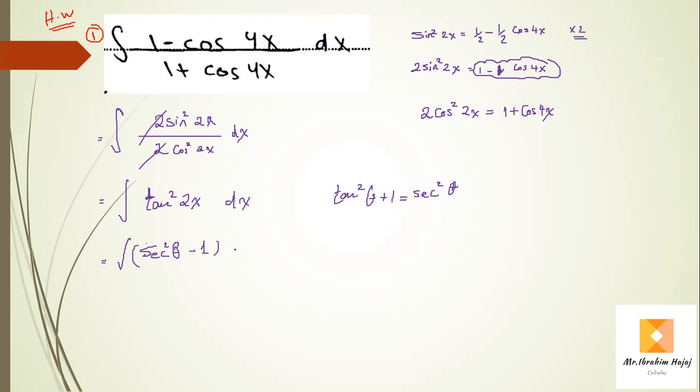Okay, mister. It becomes tan x, the integral of sec squared is tan x minus x plus c. That's it. So this is your final answer.